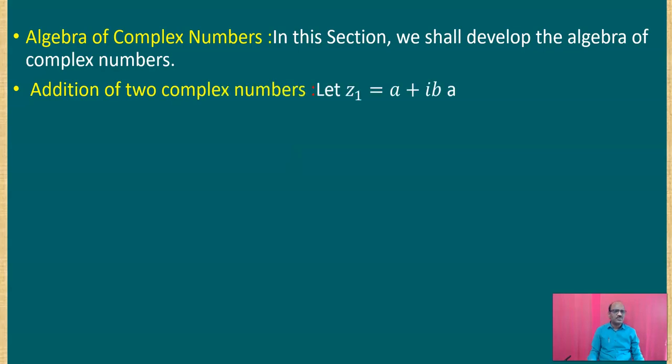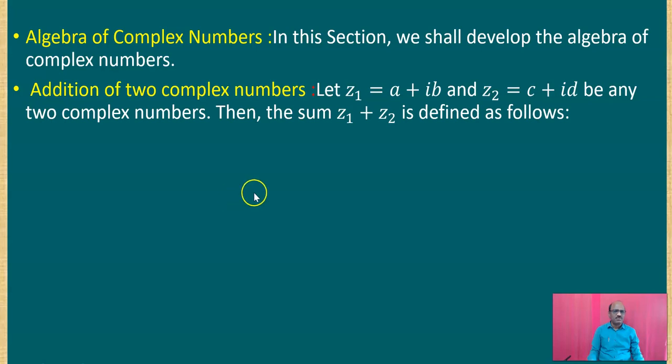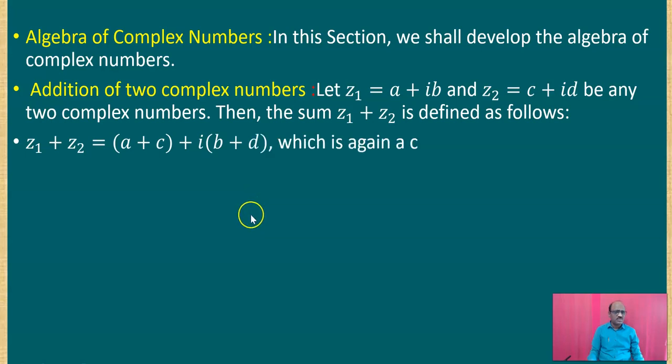Let z1 is equal to a plus ib and z2 is equal to c plus id be any two complex numbers. Then the sum z1 plus z2 is defined as follows. z1 plus z2 is equal to (a plus c) plus i times (b plus d), which is again a complex number.